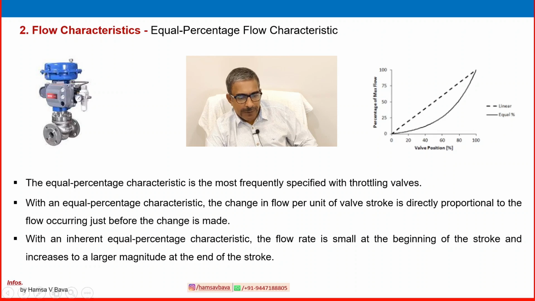With an inherent equal percentage characteristic, the flow rate is small in the beginning of the stroke and increases to larger magnitude at the end of the stroke, with stabilization in the center stage. But in actual conditions, pressure or piping effects and so on bring some changes.